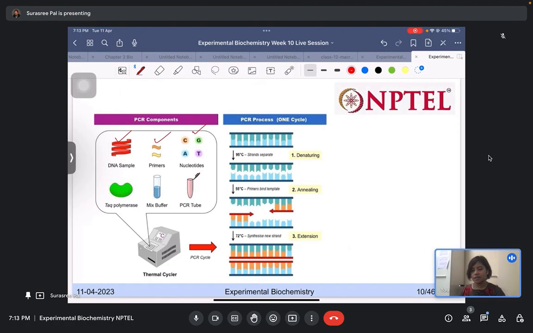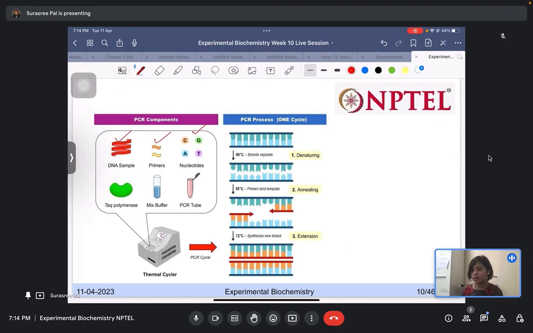Next are the nucleotides. Since this is occurring outside the cell, right? This is not an in vivo activity, so this is occurring inside a tube. So we need to supply the nucleotides with which the polymerase will be able to elongate or amplify the DNA, right?